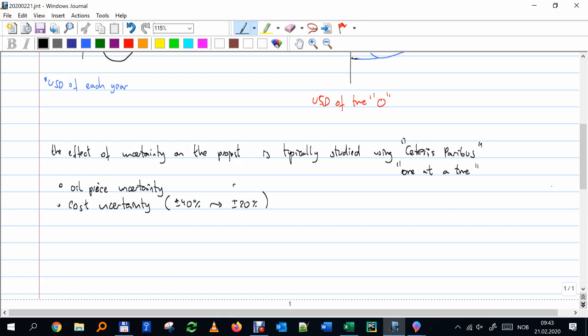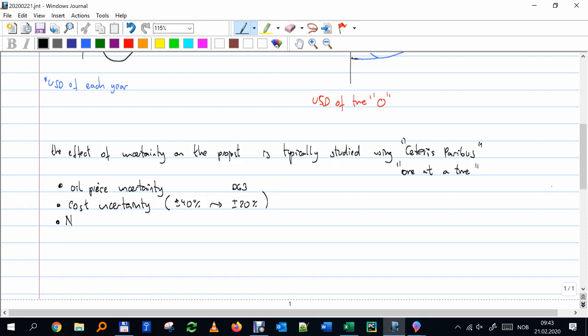That's for DG3, but for DG1 and DG2, that number is plus minus 40%. What other uncertainty could I have? Oil price, cost, volume, the N.